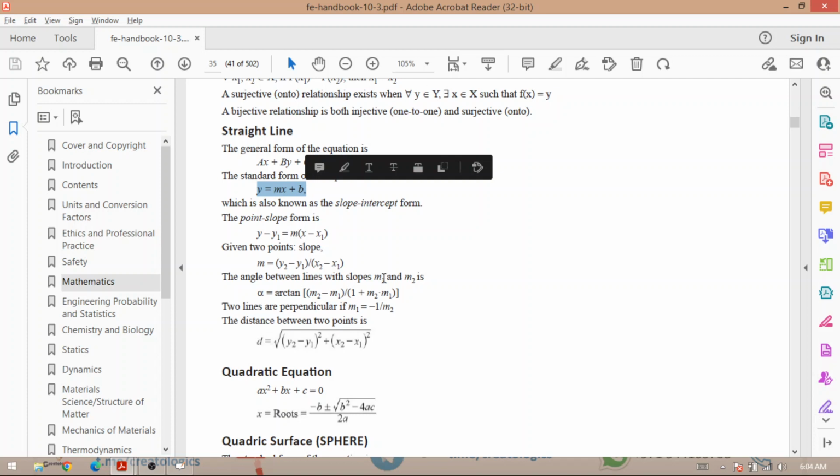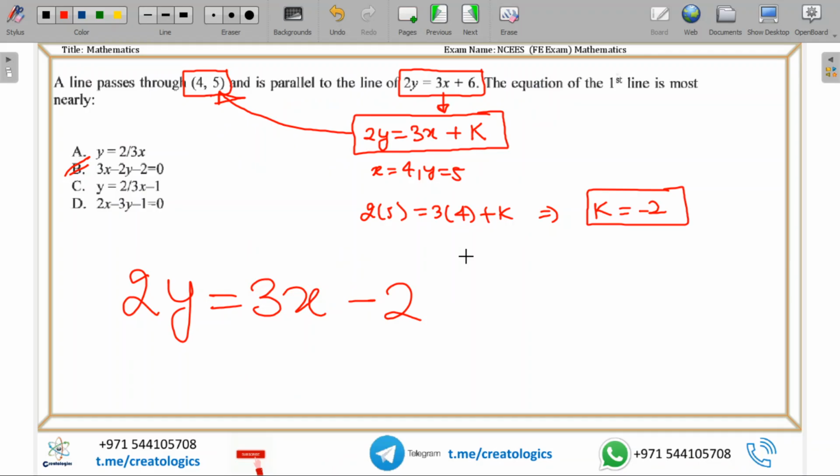Using this, you can first find the slope of the line, and after that using the same slope and slope point form, you can find the equation of the line and get the answer. Different ways are there to get the answer. The best thing is what you know, let's solve according to that only. Shortcut is always good for you because you have to save the time. Okay, then let's move to the next question.